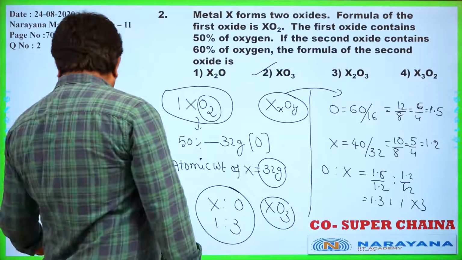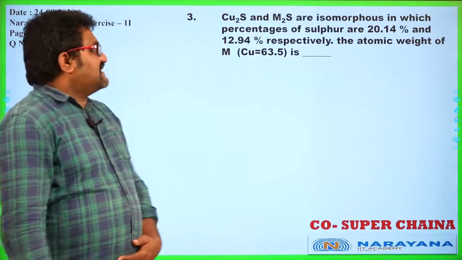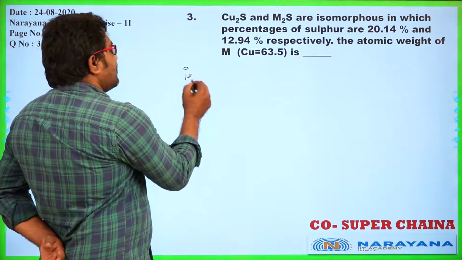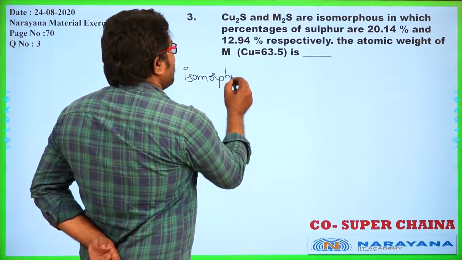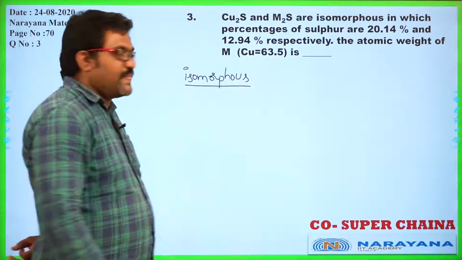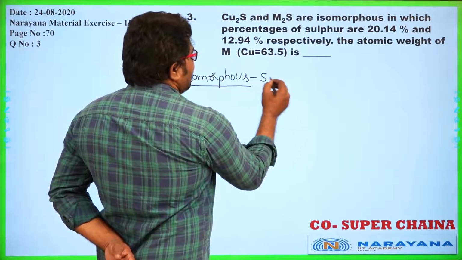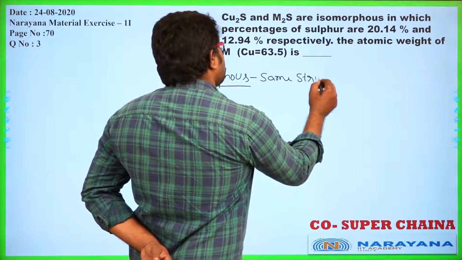Next, let us go for the next question. Cu2S and M2S are isomorphous. What are isomorphous compounds? Isomorphous compounds have the same structure, that's it.